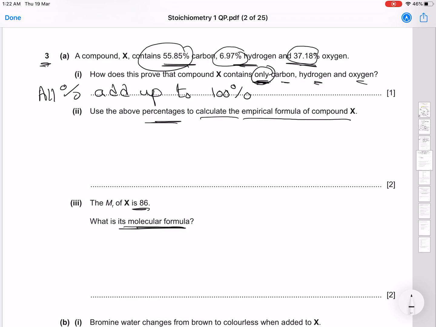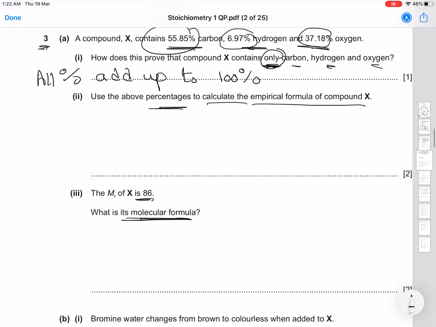Use the above percentages to calculate the empirical formula of the compound. Same thing, exactly the same steps. So let's start with the carbon. I'm going to divide 55.85 by 12.